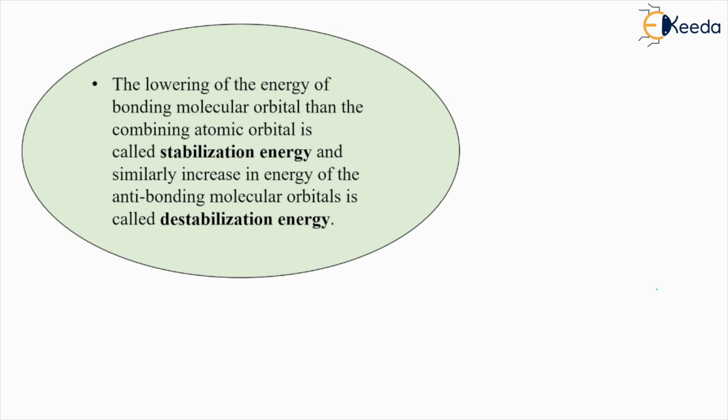Always remember, if I'm talking about bonding, let me write it over here. If I'm talking about bonding, over here the atomic orbital energy will be greater than the molecular orbital energy.